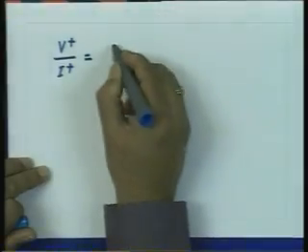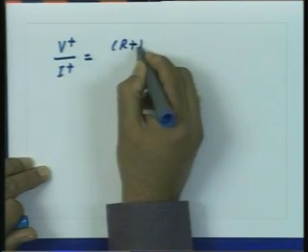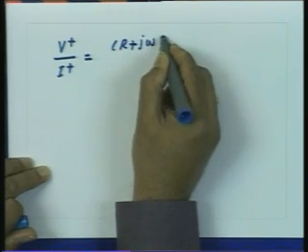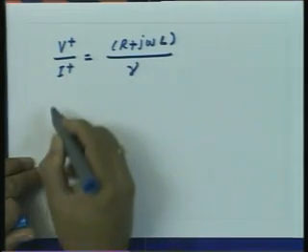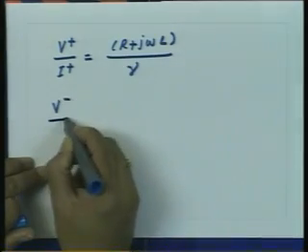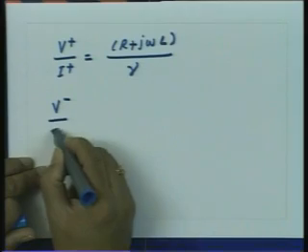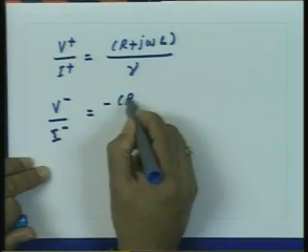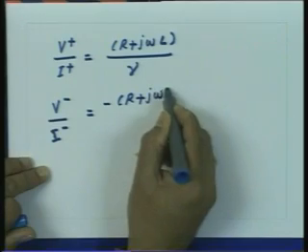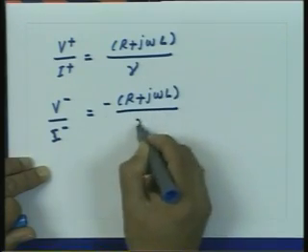Therefore, I get V plus upon I plus equal to (r plus j omega L) divided by gamma, and V minus upon I minus equal to minus (r plus j omega L) divided by gamma.